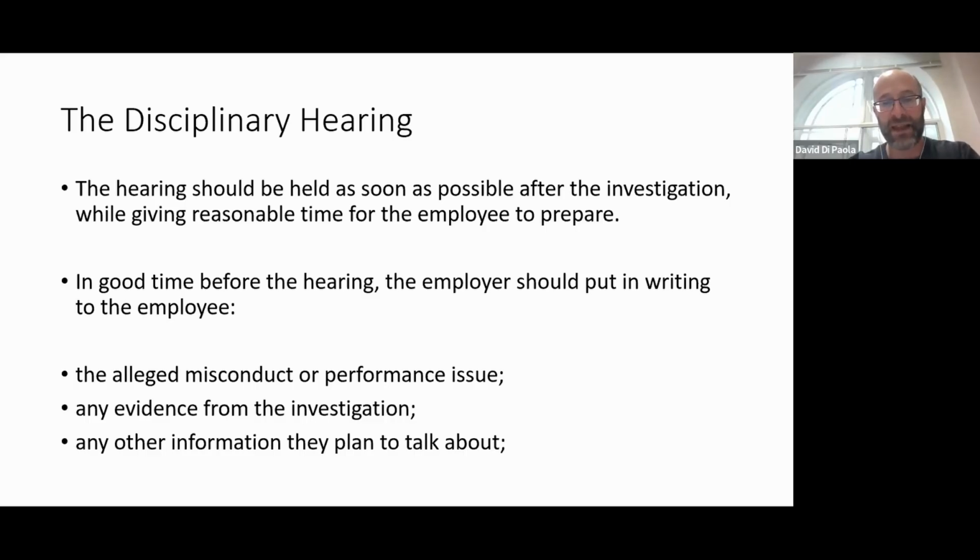Everything, again, should be put in writing, and I've set out the bullet points here about the alleged misconduct issue, investigation, etc. You really do want to give the employee as much information as you can, such as CCTV, time recording sheets or photographs. You always want to set out to the employee what evidence you have in support of the allegation that this person has committed a disciplinary offence.